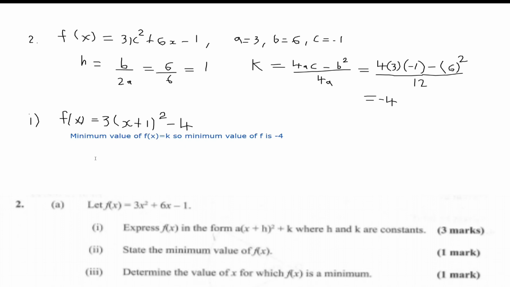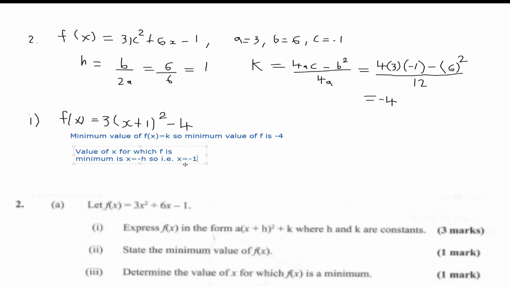Then it says determine the value of x for which f of x is minimum. So the value of x for which f is minimum is x equal to minus h. So that is, i.e., x equal to negative 1.